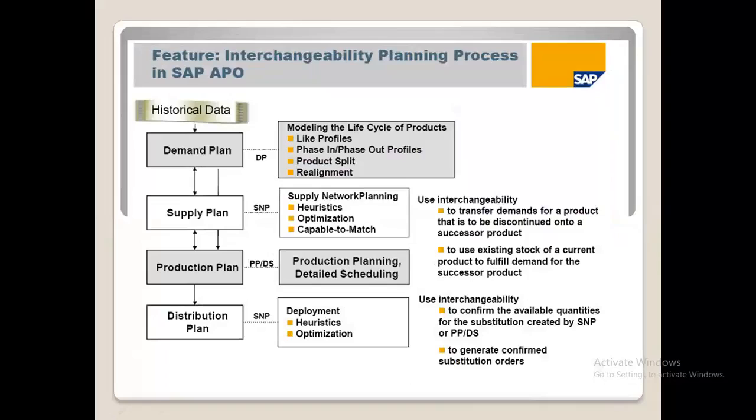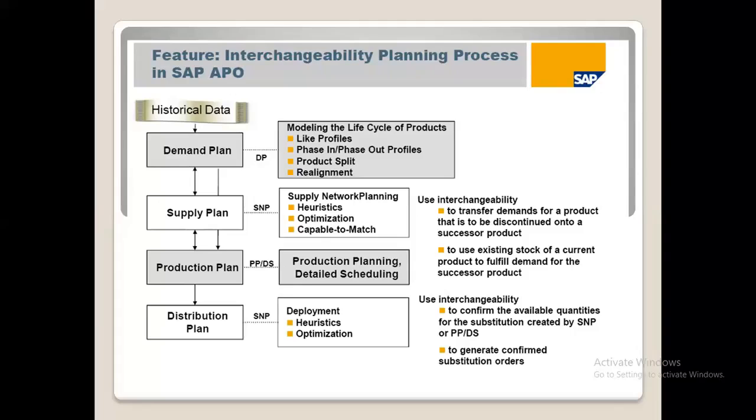Interchangeability. Like in the demand plan, we have interchangeability through profile, phase-in phase-out profile, product split, real-time. In a similar way, in the supply side, in SNP, we have the heuristic and optimizer, capable to match.